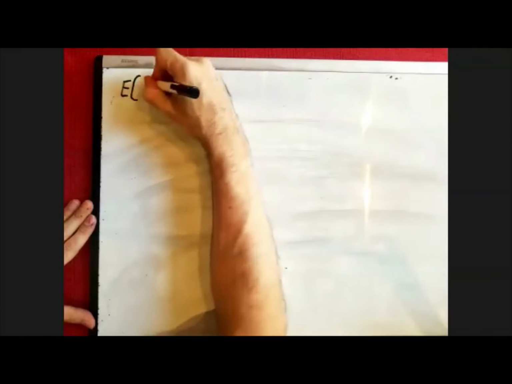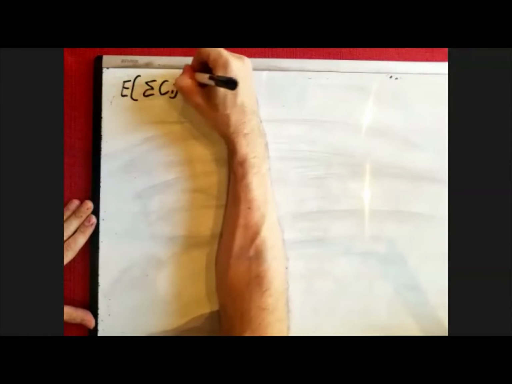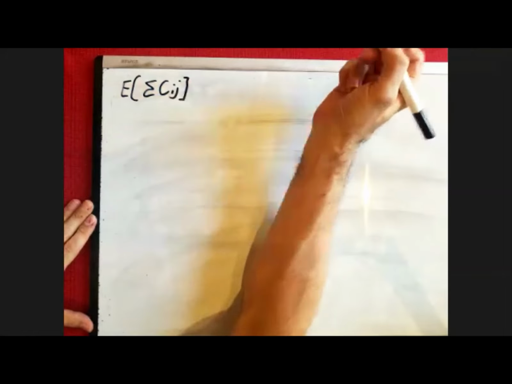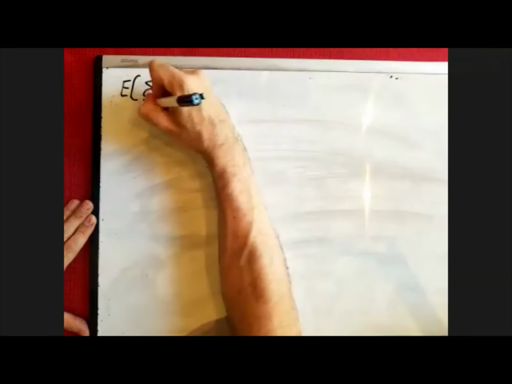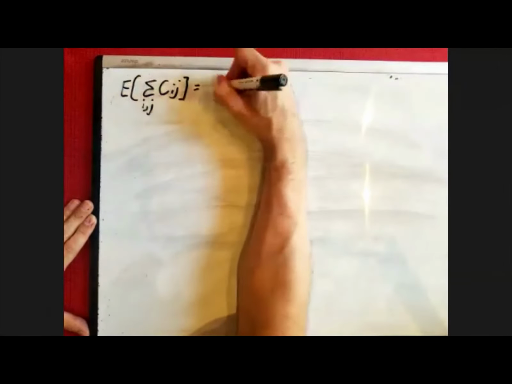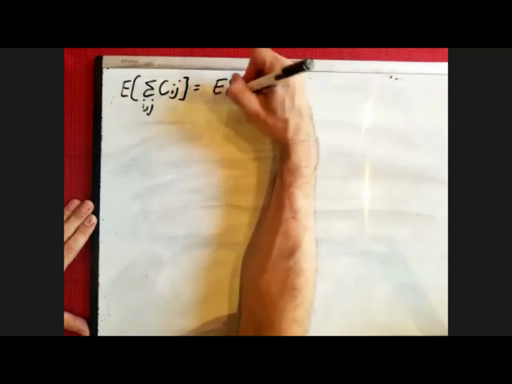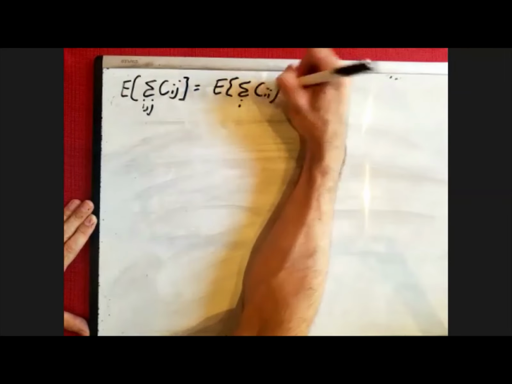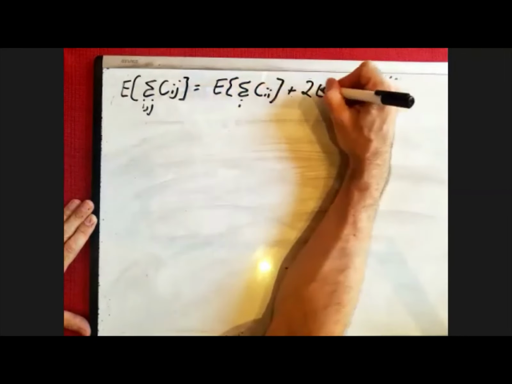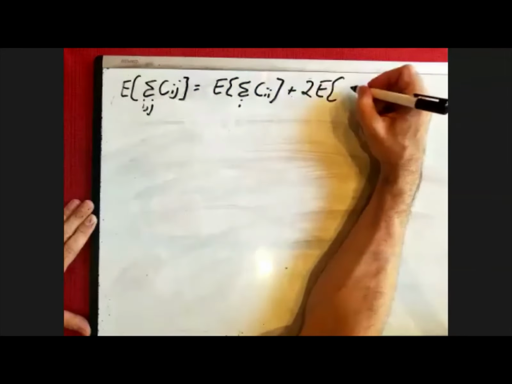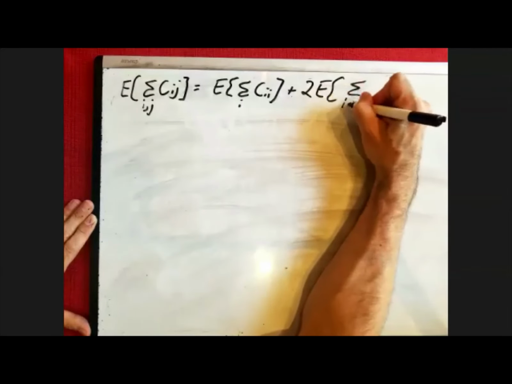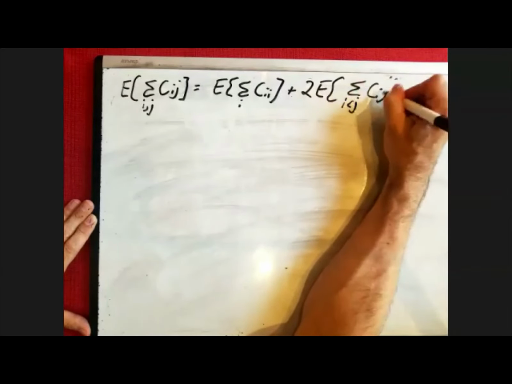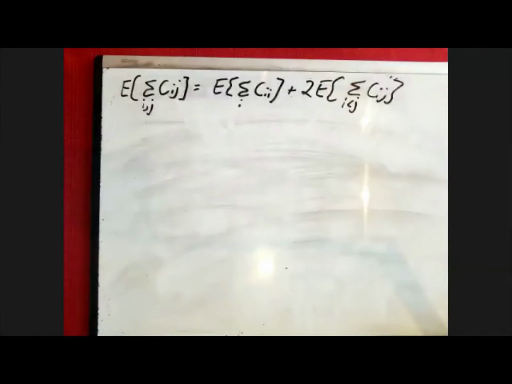Right, so what we're actually looking at now is the expected value of the sum of all the CIJs. And so we actually have to separate out the sum of all the CIIs, plus now we can go back away from our double sum and sum over I less than J by symmetry of CIJ. Okay, so what is this value?